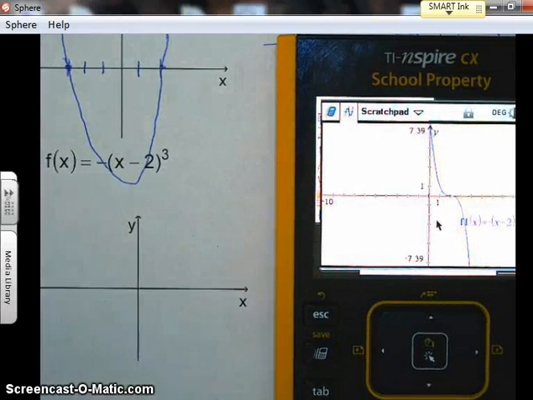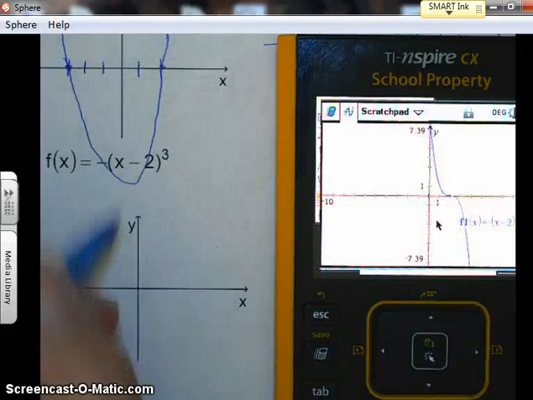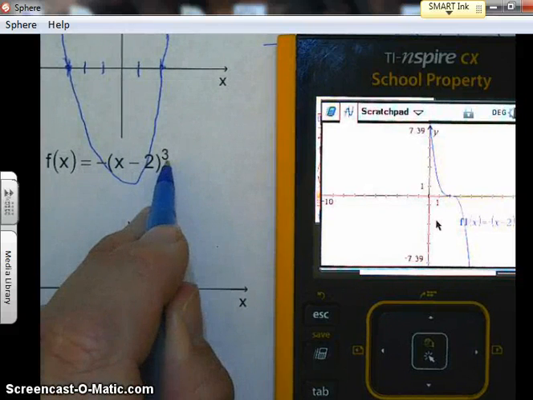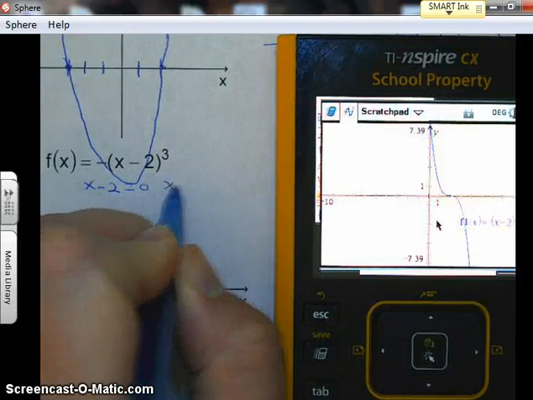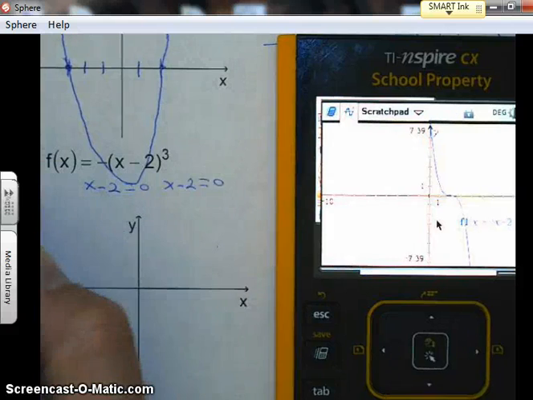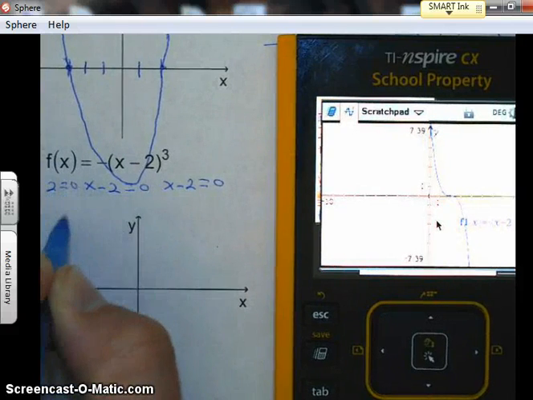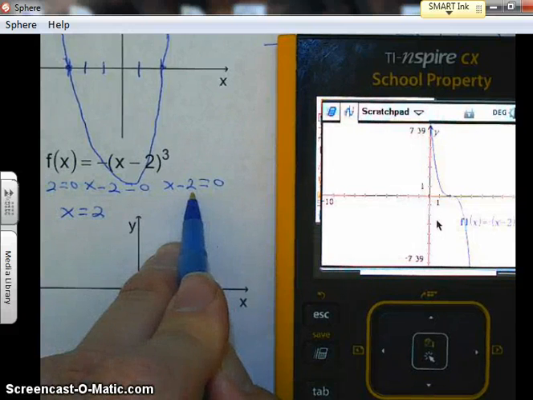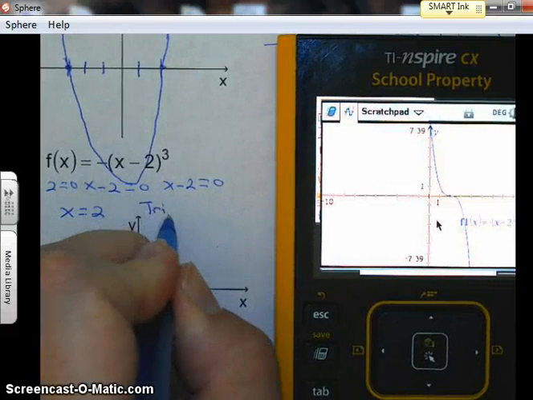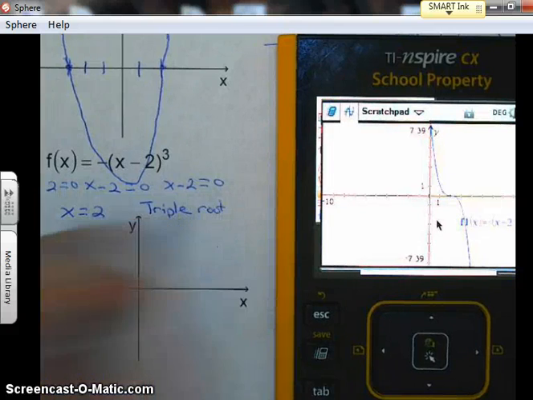So notice that the x minus 2 occurs 3 times. So we have x minus 2 equals 0, x minus 2 equals 0, x minus 2 equals 0. So we have x equals 2, 3 times. That's a triple root. Okay?